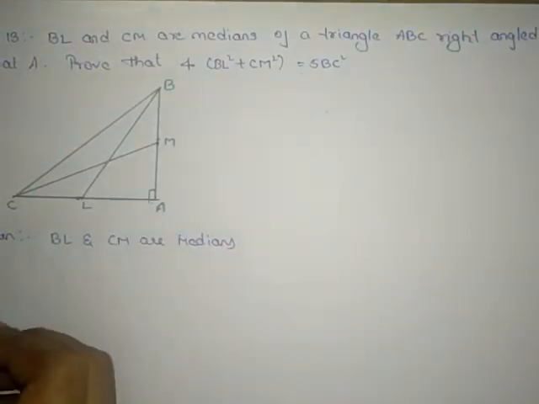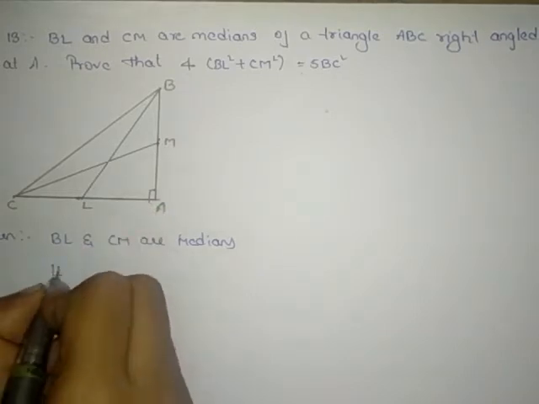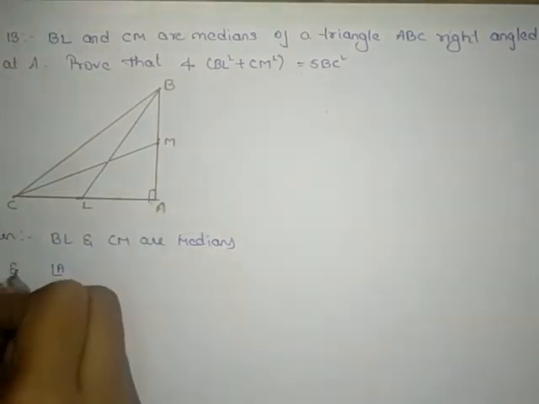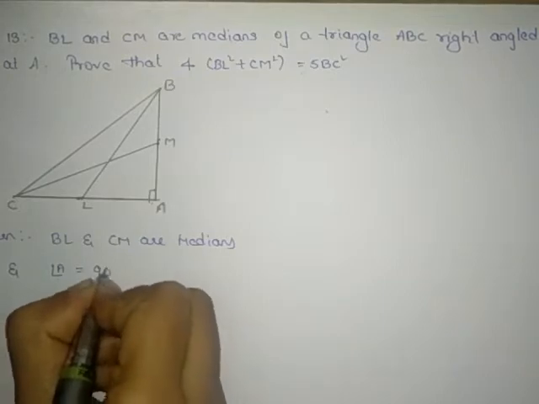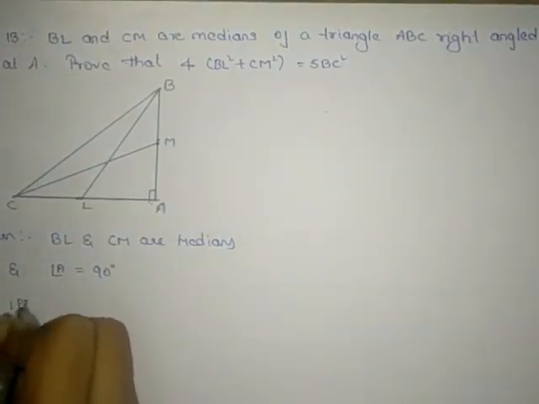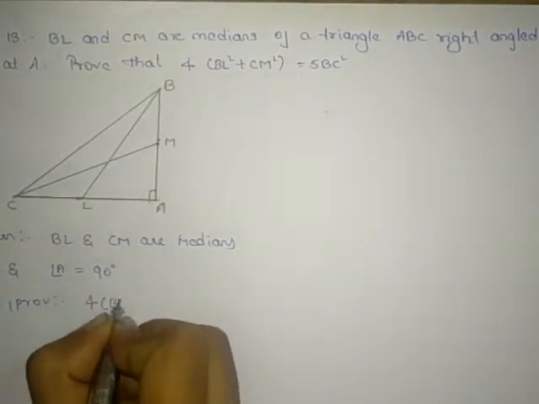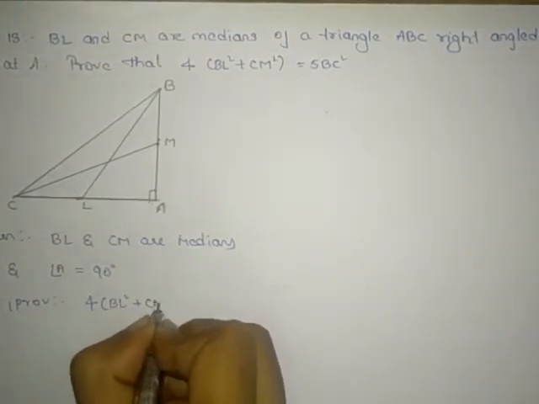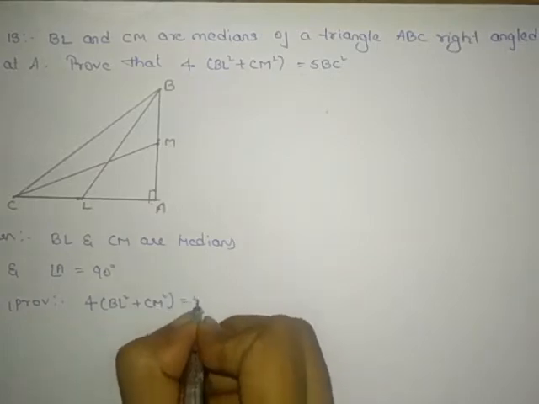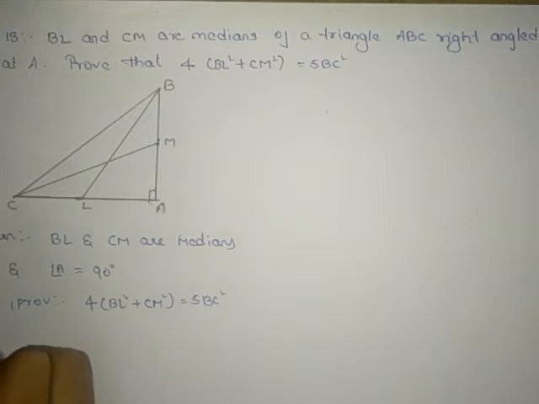And also they have given it is right angled at A. Angle A is equal to 90 degrees. We need to show that, what we need to show? 4 times of BL square plus CM square is equal to 5 times of BC square. Proof.